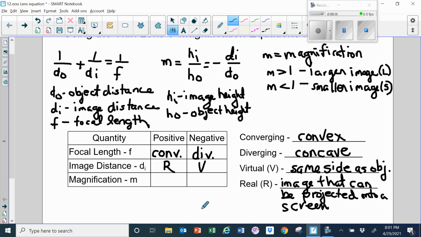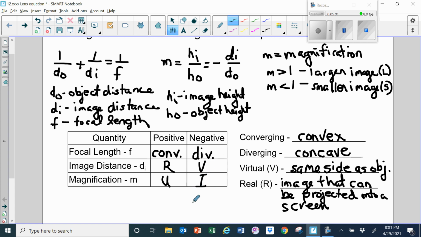If the magnification M is positive, then the image is upright, U. And if the magnification is negative, then the image is inverted.